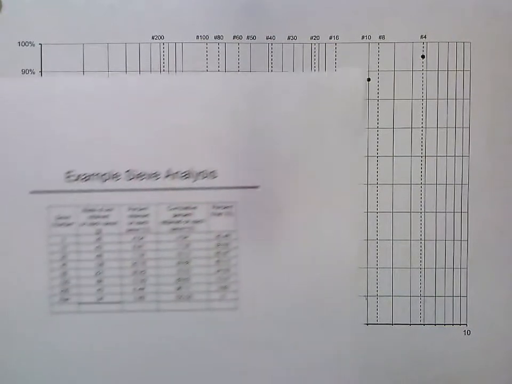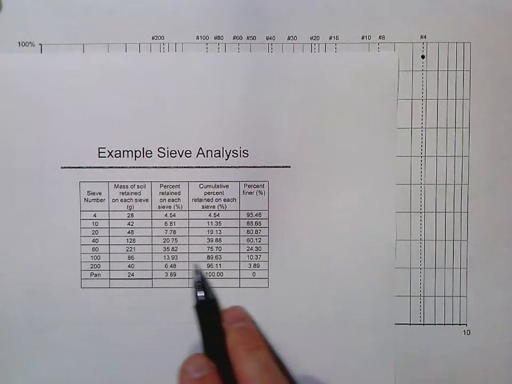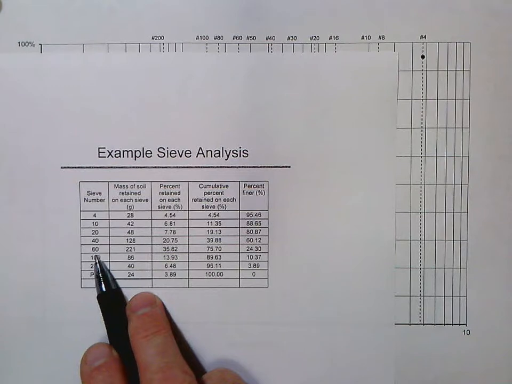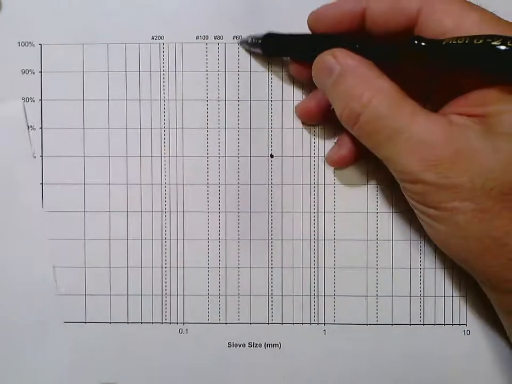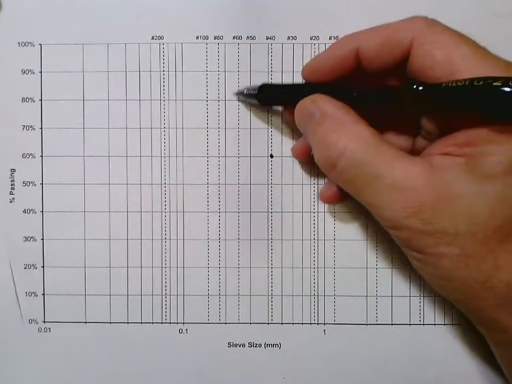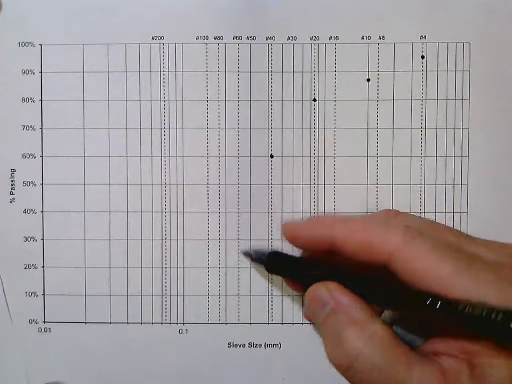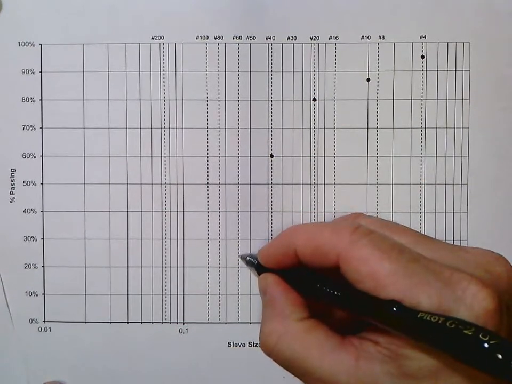Okay, let's look at our next data point. It's 100 at, I missed one, 60 at 24% passing. So here's the number 60. Again, it's a dotted line. So I'll come down, and the number 60 is 24%. So there's 20 to 30. So about midway, a little below midway.